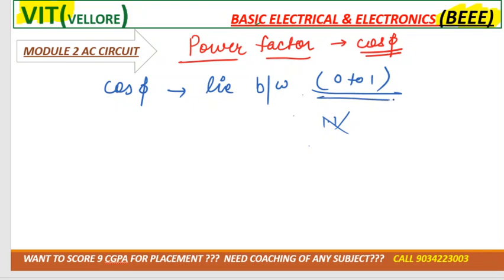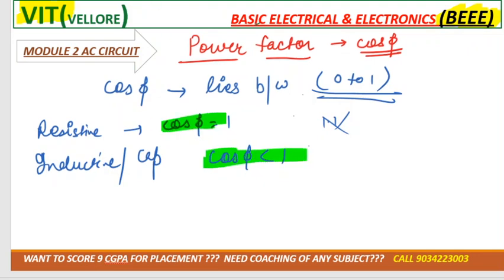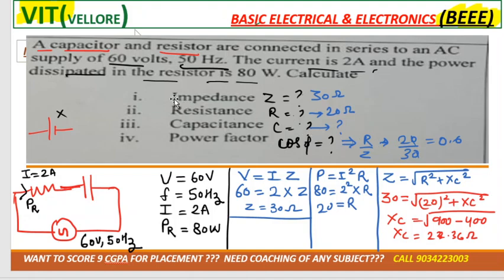For a resistive load, cos phi is always 1. And for an inductive or capacitive load, it may be less than 1. So it is always a must condition. Clear? Now this question is clear.